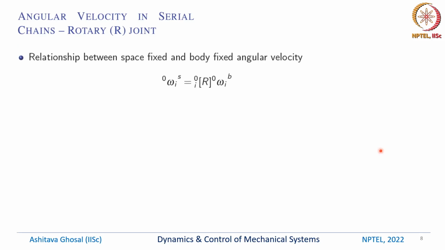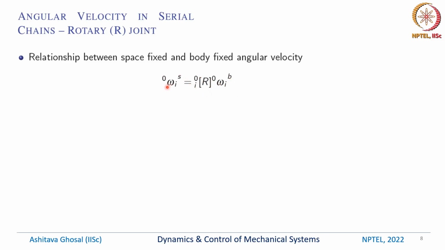Now let's look at what exactly this ^i omega_i is in a little bit more detail. We know from a previous week that the space fixed angular velocity vector, ^0 omega_i with a superscript s, is related to the body fixed angular velocity vector, ^0 omega_i with a superscript b, in this form.